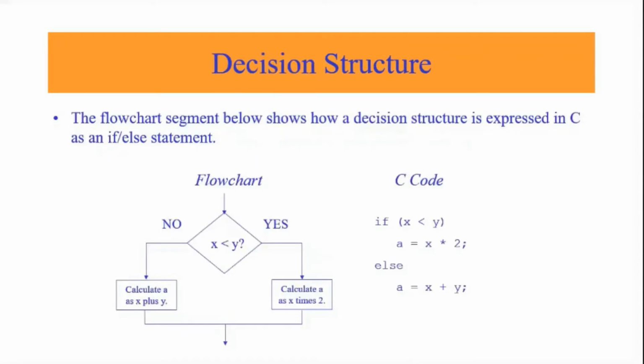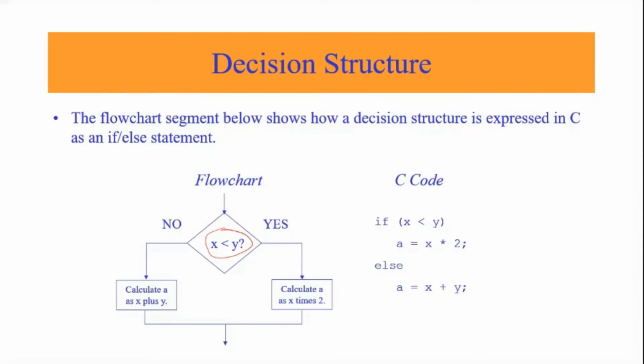Then there is a possibility of a decision structure. A decision structure is a comparison. It compares the values of 2 variables, or compares one value with the other, like x is less than y or not. There is a comparison in that one, and a decision is to be taken.